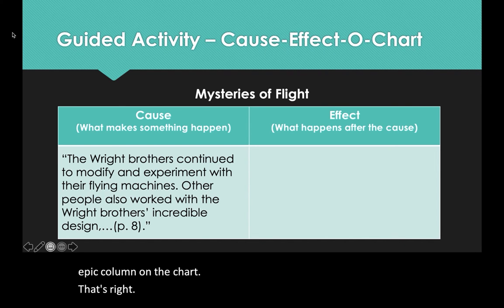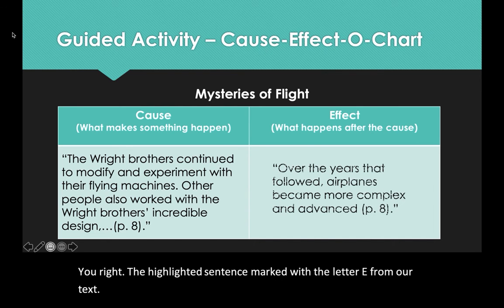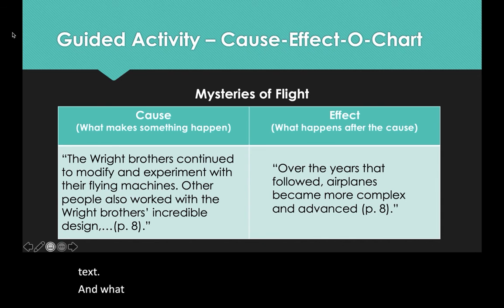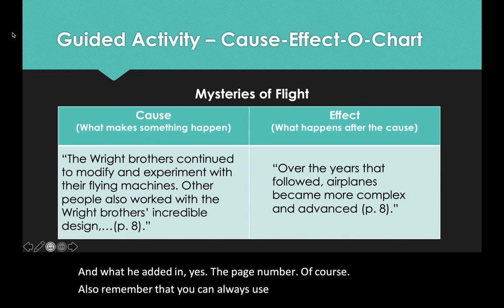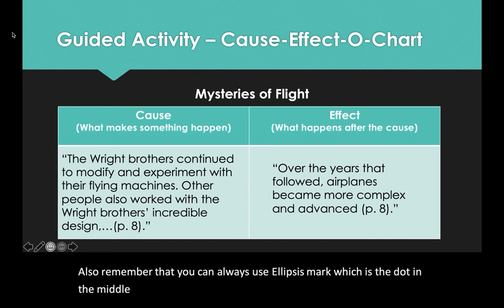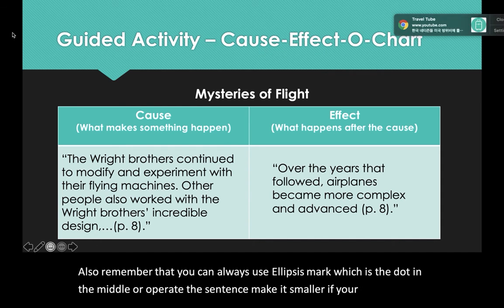You write the highlighted sentence marked with the letter E from our text. And what do you add at the end? Yes, the page number, of course. Also, remember that you can always use the ellipsis mark, which is the three dots in the middle, or abbreviate the sentence, make it smaller if your sentence is too long.